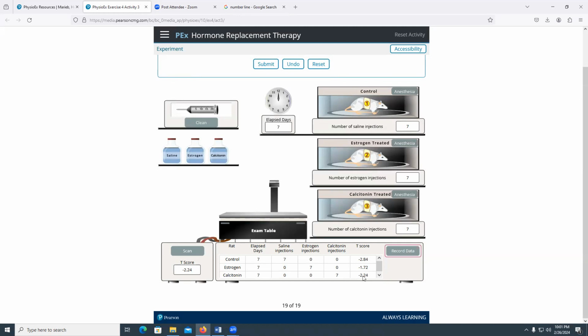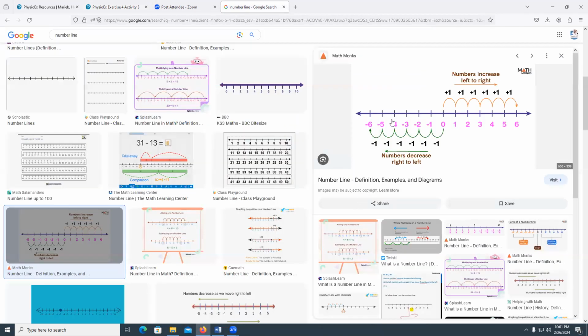And then my calcitonin treated is minus 2.24.